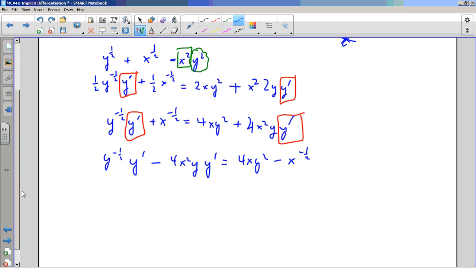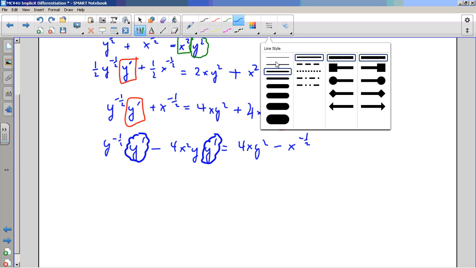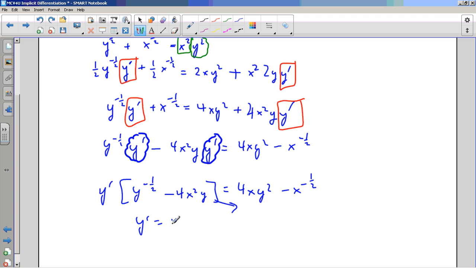Can I see that factor without having to go to a different color? Sure I can. That's going to come out front. Big bracket on the inside here. Now to solve for y prime, this bracket goes on the bottom, right? Just divide, and I get an expression.